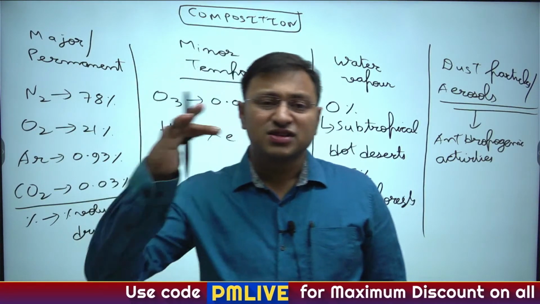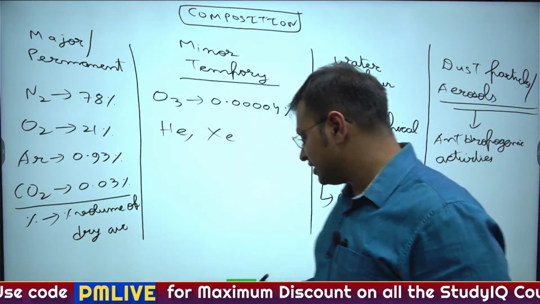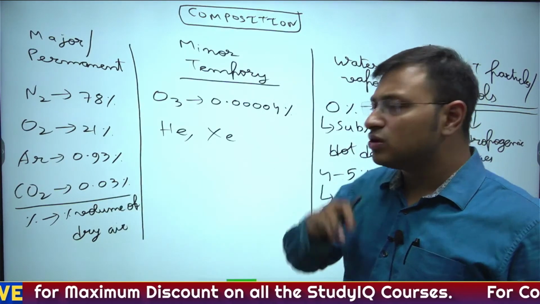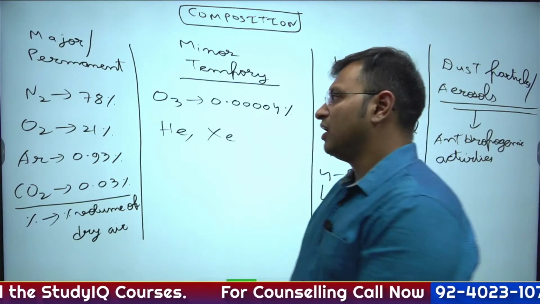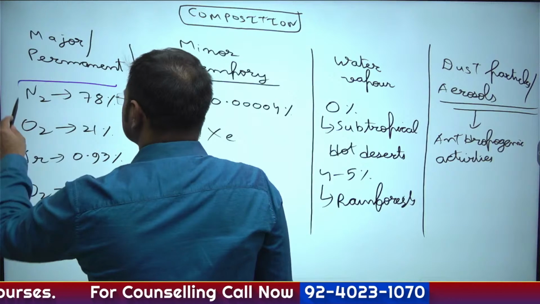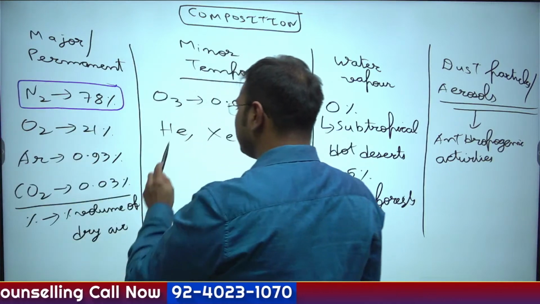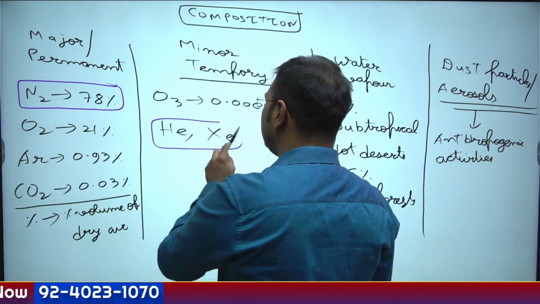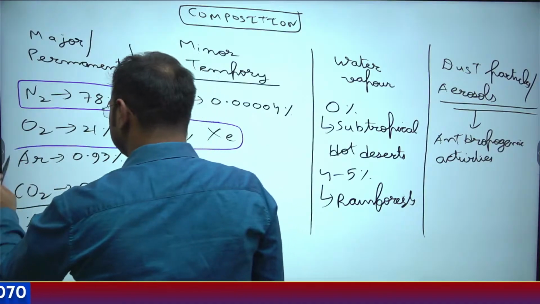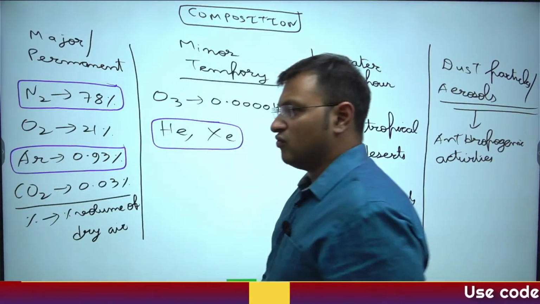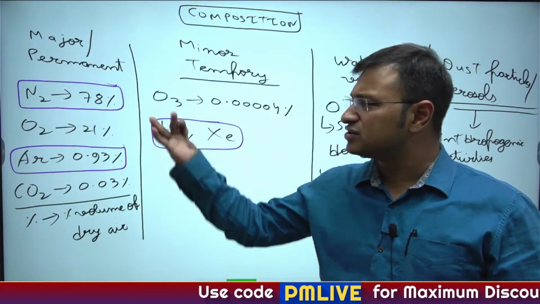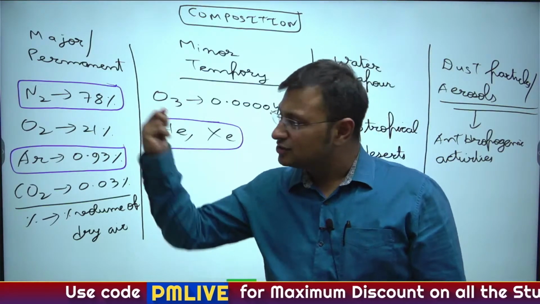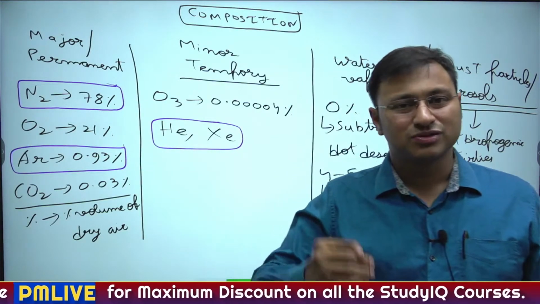So now for civil services perspective, we need to understand, guys, the role of these gases, because this is where the questions are being framed. Now if I'm talking about nitrogen, 78%, if I'm talking about xenon, helium, and argon, what do these gases exactly do? Can any one of you tell me? What's the role of this? I know that nitrogen is helpful in nitrogen fixation.